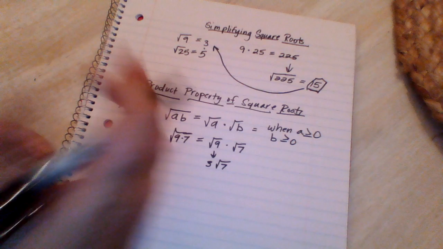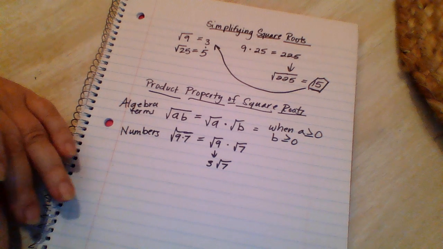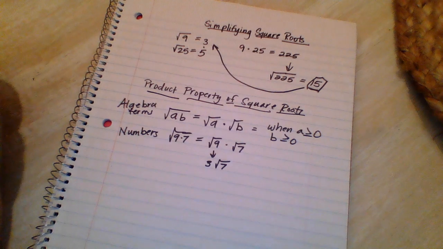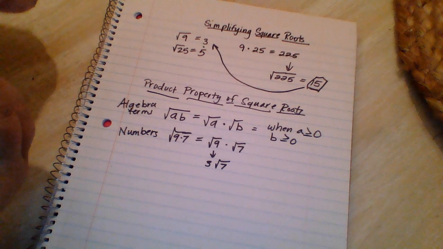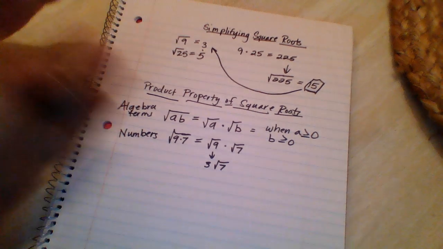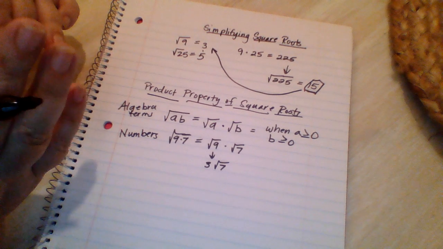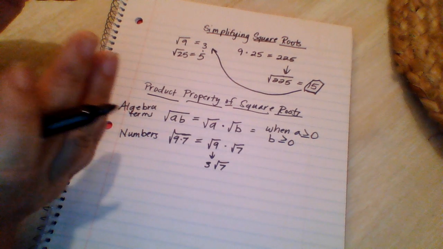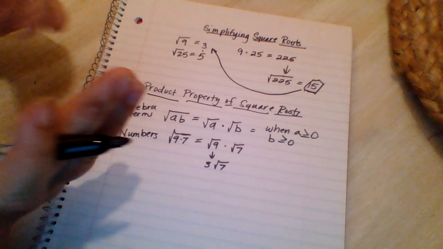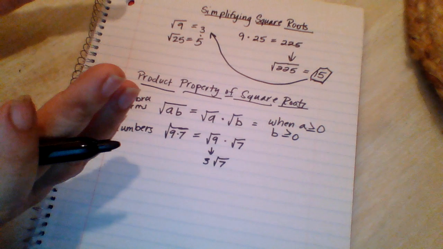And this is the numbers way of actually finding the product property of a square root. Okay, so what we're basically doing is taking this radical expression and bringing it into its simplest form, meaning there are no more perfect squares left underneath the radical sign, no fractions under the radical sign, and no radical sign in the denominator of any fraction. Okay?